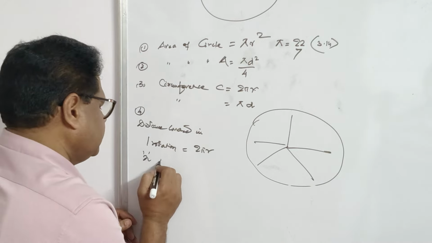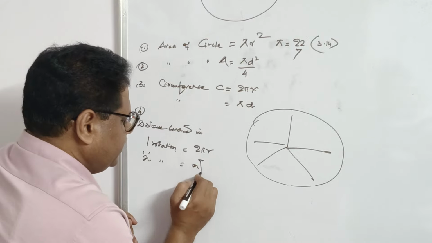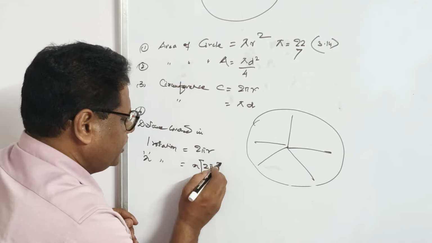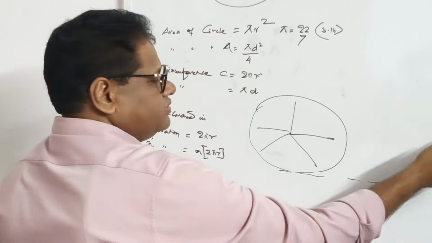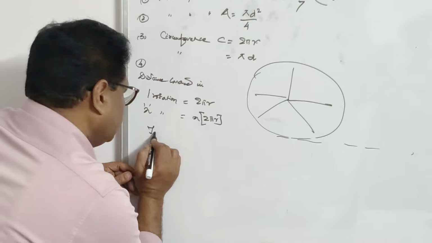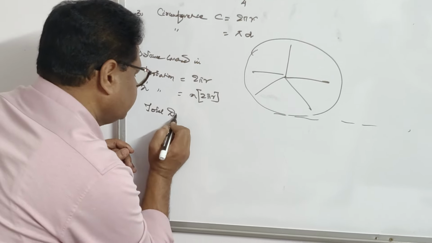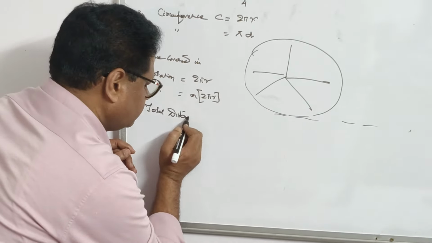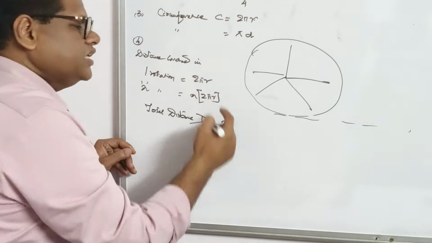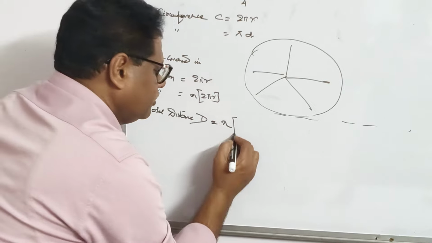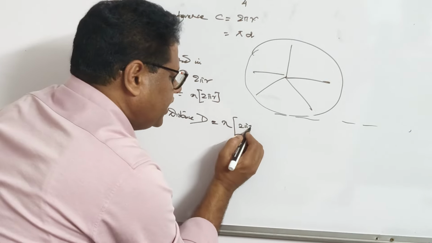In n rotations, it will be n into 2 pi r. So if you want to find the total distance covered by this wheel, then this total distance d equals n, that is number of rotations, multiplied by 2 pi r.